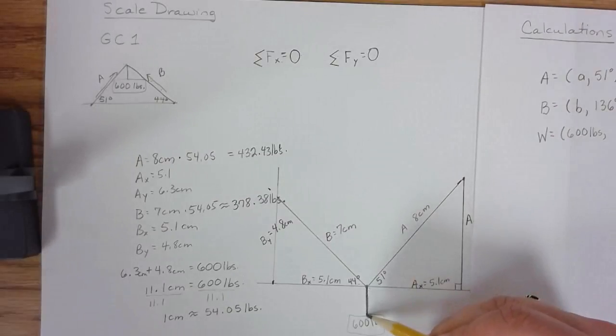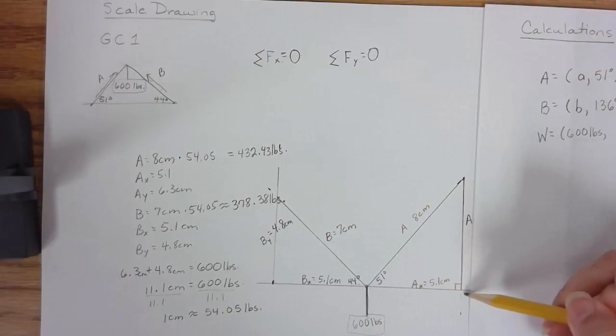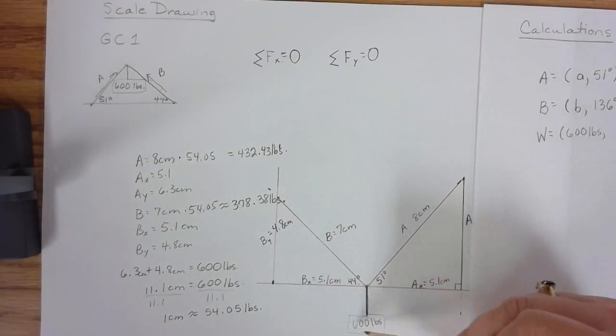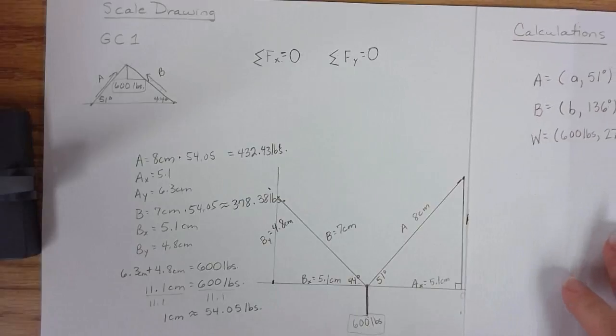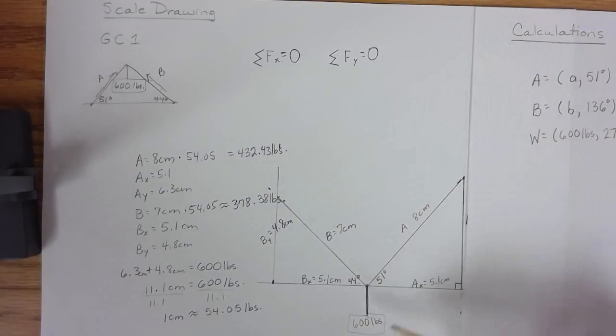It's going straight down, and we know if we start at 0 over here and go all the way around to this angle, that's 270 degrees. One thing we can conclude right here at the start is the weight will always have a magnitude, and its direction will always be 270 degrees.